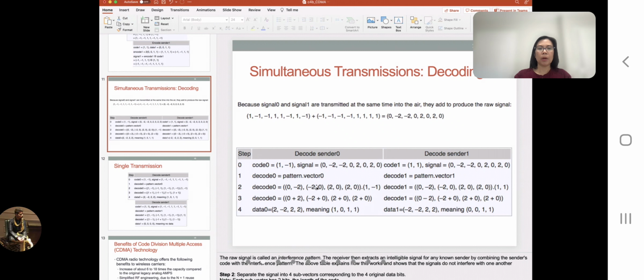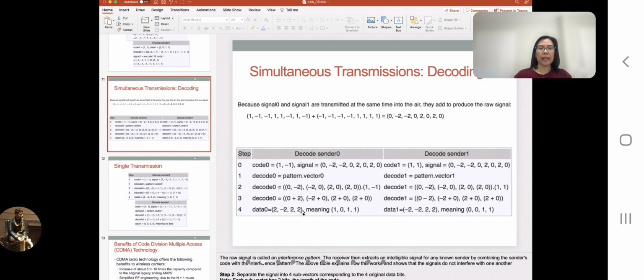We take this subproduct here. The next one should be -2 plus 0, this should be 2 plus 0, and this should be 2 plus 0. Then we add them: 2, -2, 2, and 2.